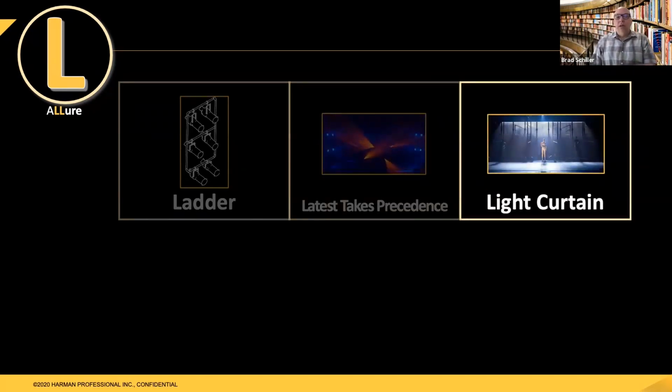Light curtains are cool. Basically, it's a linear configuration of lighting fixtures or fixture elements pointed downward. Doesn't typically have to be straight down, but it could also be downstage-ish. So narrow beam lamps are typically used for this, and a curtain of light is defined. Again, if you have haze in the air, you can really see that curtain coming across.